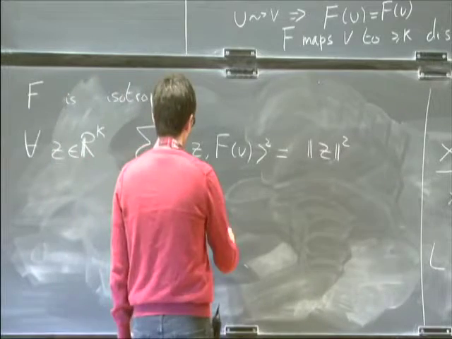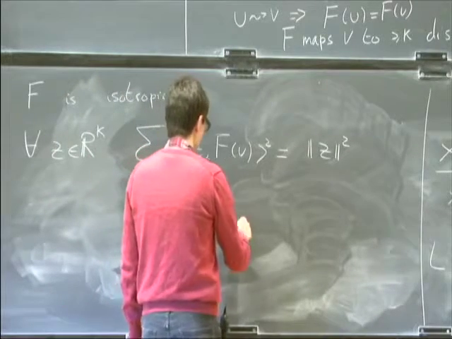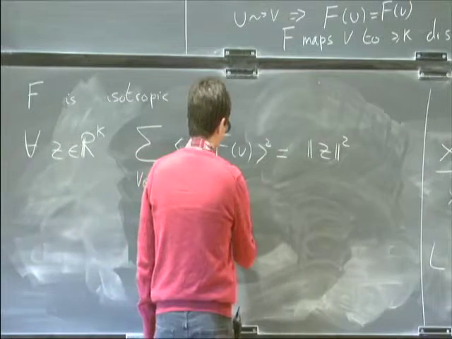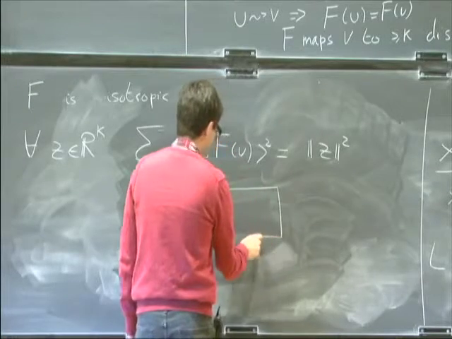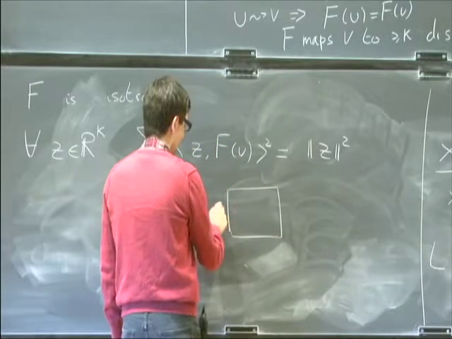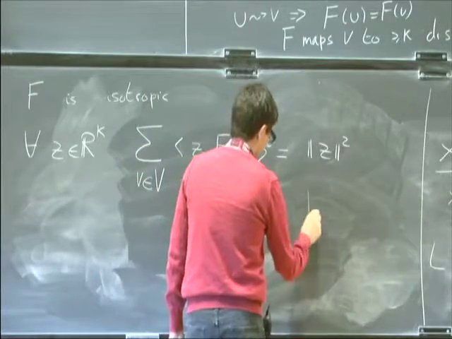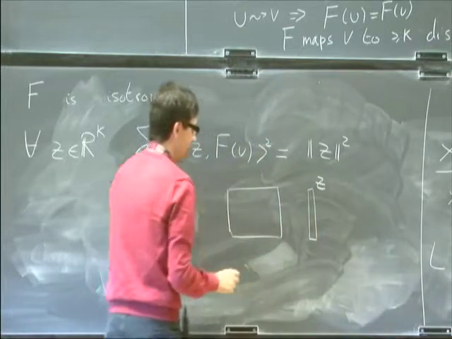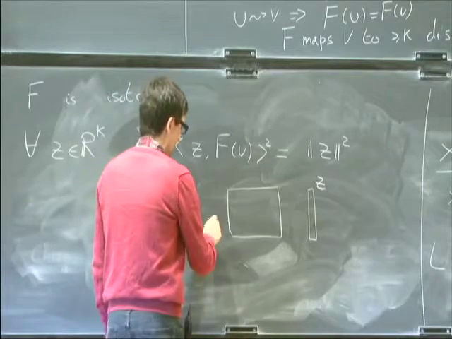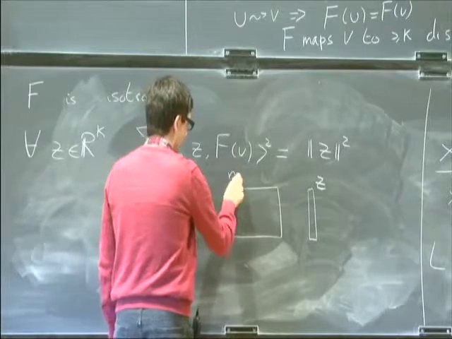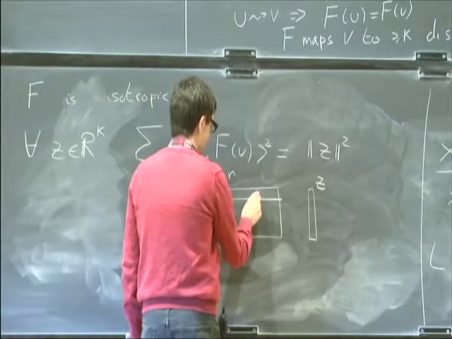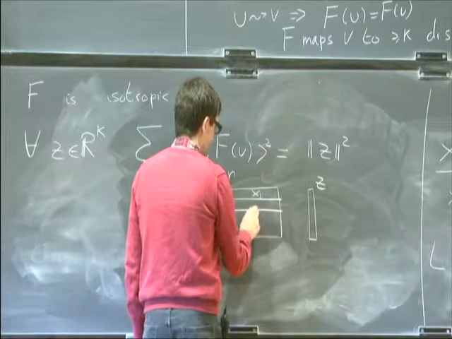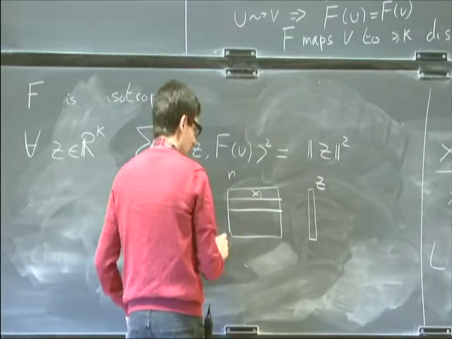Okay, to see this, what are those inner products? Let's say this is z, right? So this is k by n, and those are x1. No, I'm getting this wrong.